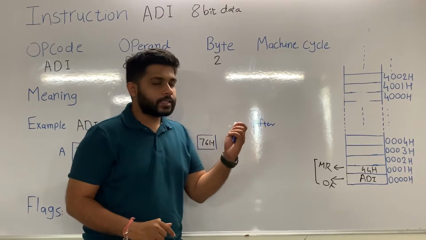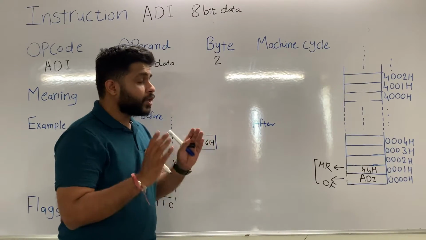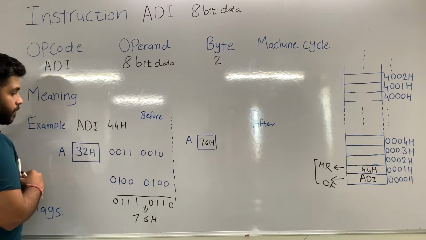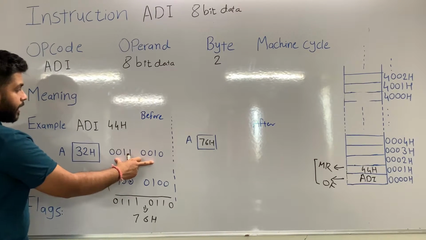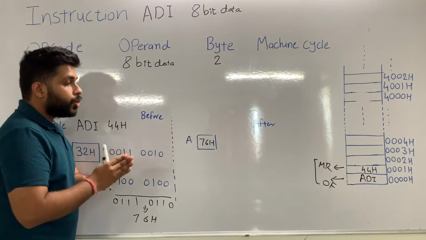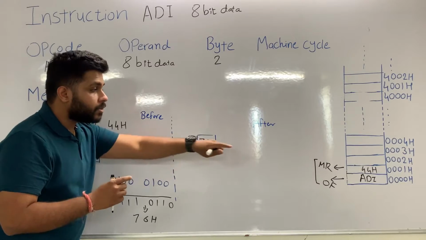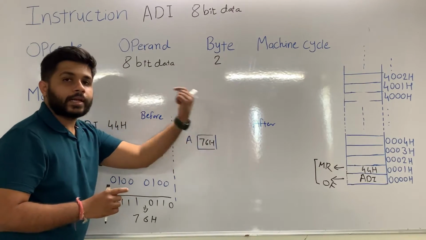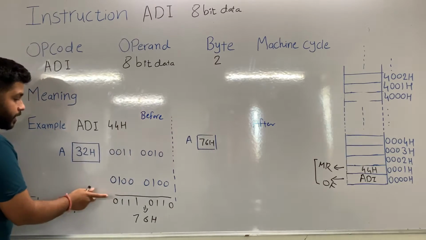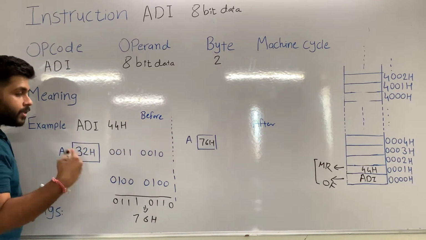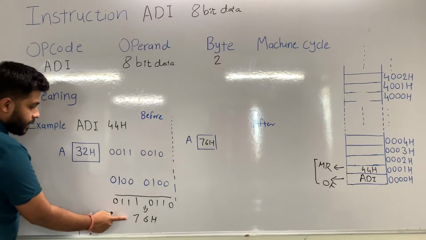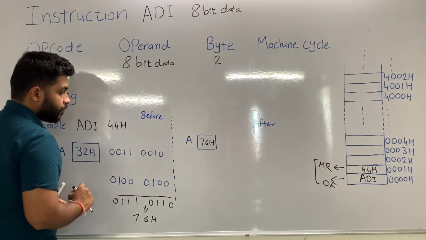Now pay attention during the execution process. During the execution, what is happening? The addition is being done between the accumulator and 44H. If you pay attention, during the instruction read, the 44H is transferred from the memory to the microprocessor. So 44H is already present, and during the execution, the content of accumulator and the 44H will be added and the answer will be stored in the accumulator.